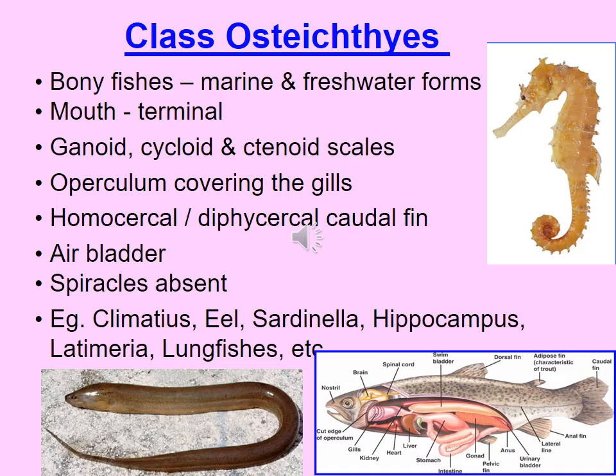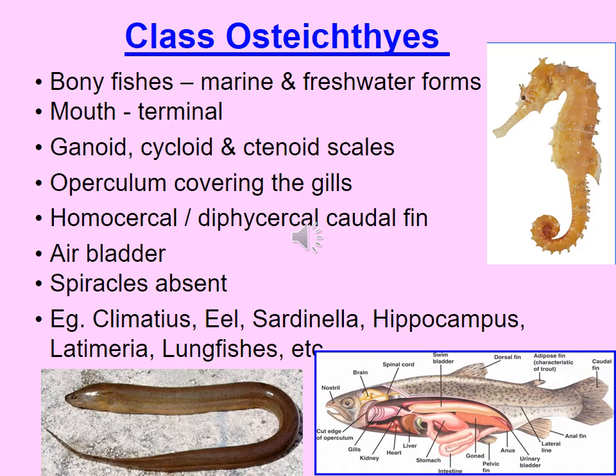Class Osteichthyes includes the bony fishes. There are representatives from both marine as well as freshwater forms. The mouth is terminal in position, and there are 3 types of scales observed in Osteichthyes. They are ganoid, cycloid, and ctenoid scales. There is presence of operculum which covers the gills.